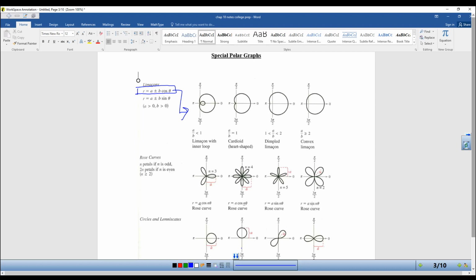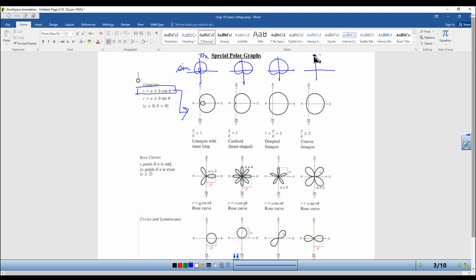But if they are sine, then it's going to flip them all, because remember, it needs to be on the pi halves axis instead. So this one would actually end up looking like this. And this one would end up looking like this. And this one would end up looking like this. These are not perfectly drawn.